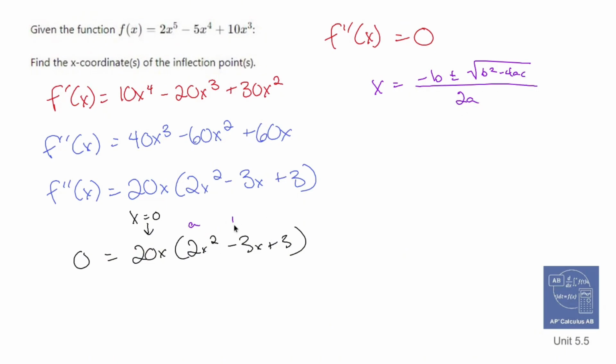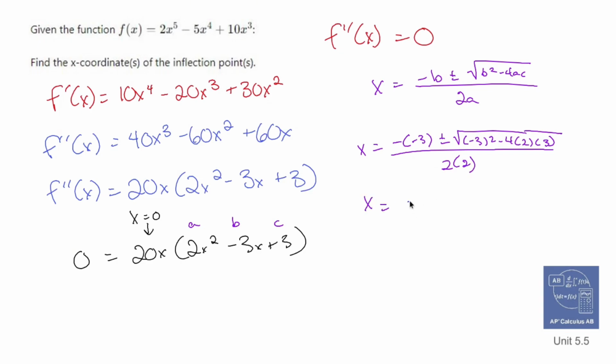You're my A, you're my B, you're my C. So x is going to equal negative negative 3 plus or minus the square root of negative 3 squared minus 4 times 2 times 3 all over 2 times a, which is 2 times 2. Now, let's write that out. X equals positive 3 plus or minus the square root of 9 minus 8 times 3, which is 24.